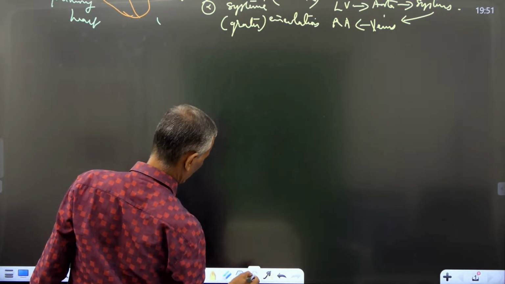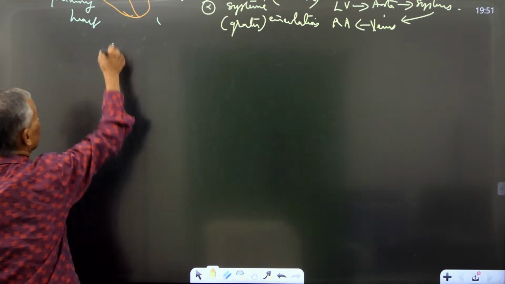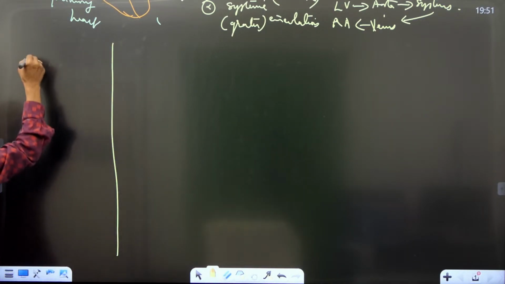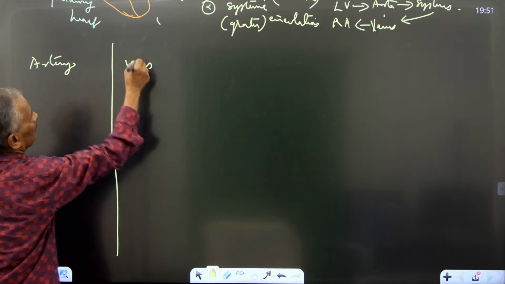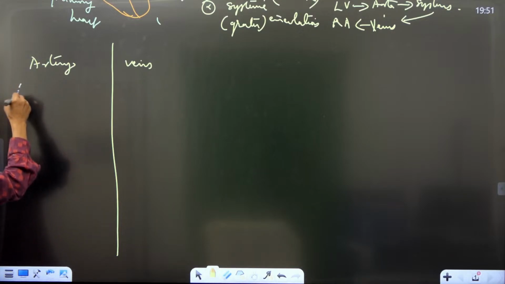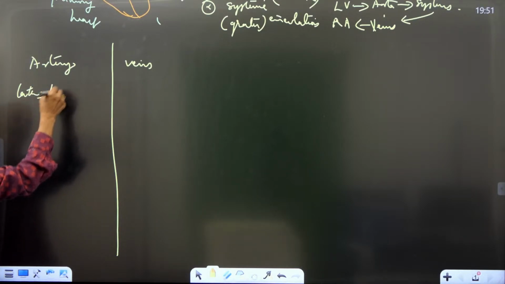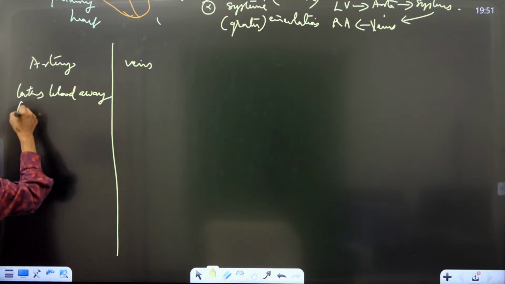What is an artery? An artery is a blood vessel that takes blood away from the heart.